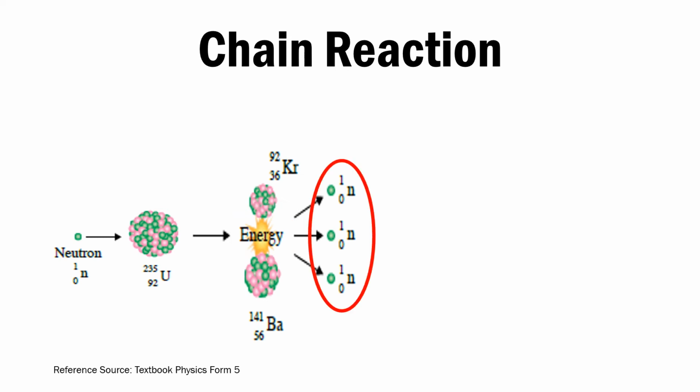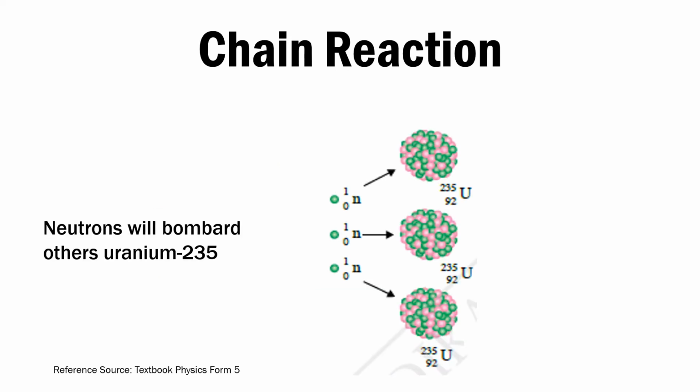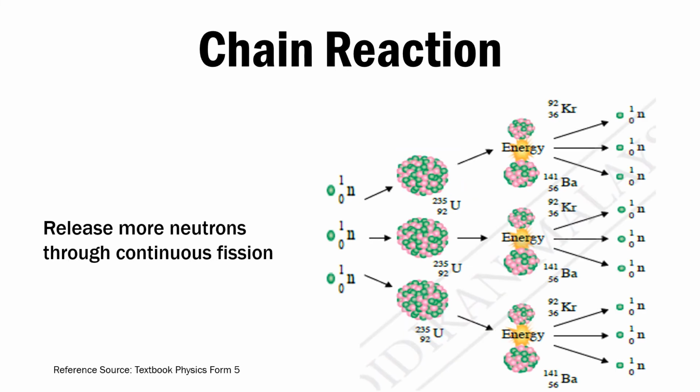Then, these three fast-moving neutrons will bombard other uranium nuclei, and the nuclear fission process happens again. More neutrons are released through the continuous fission process.